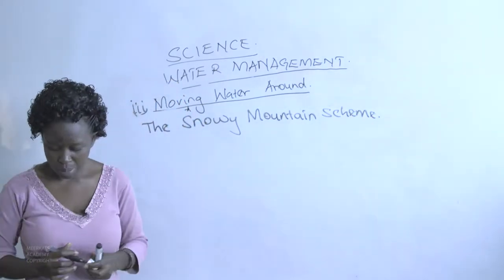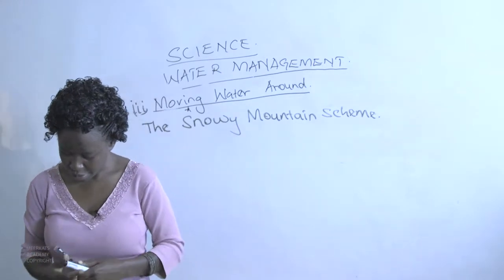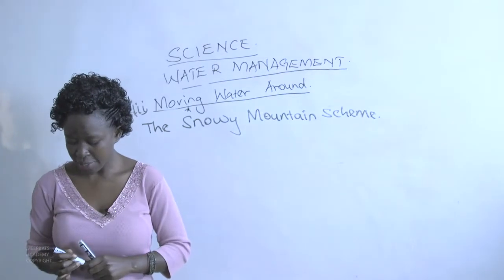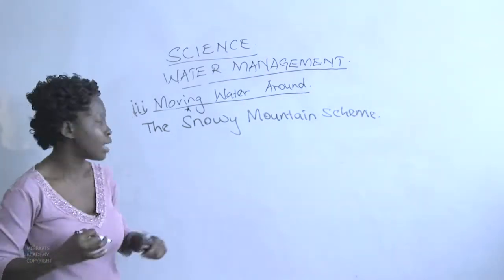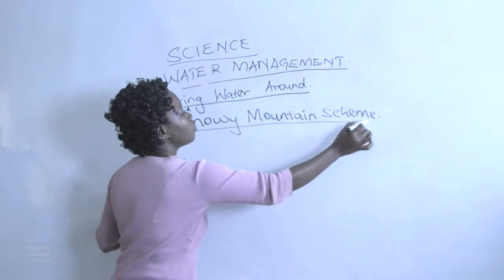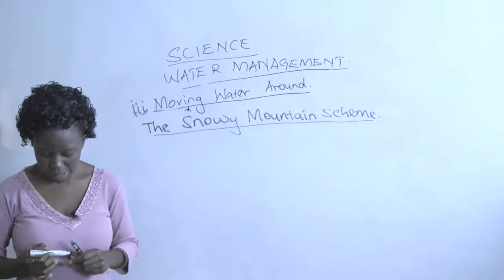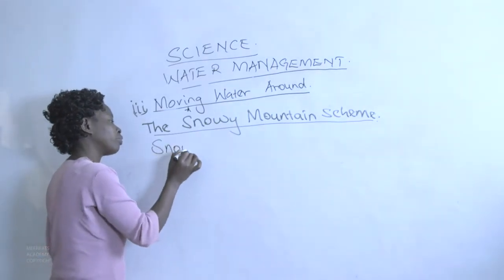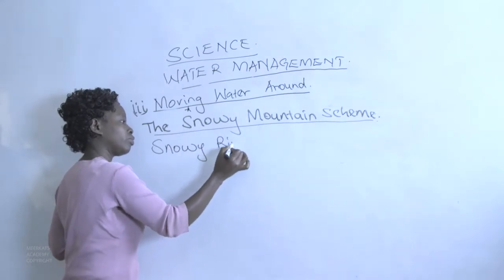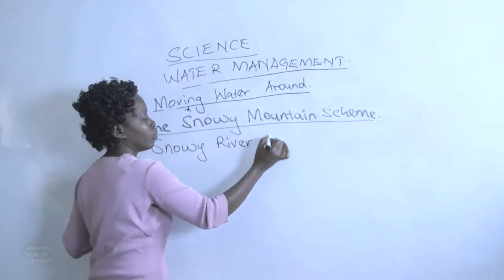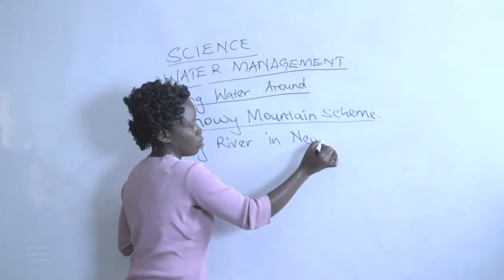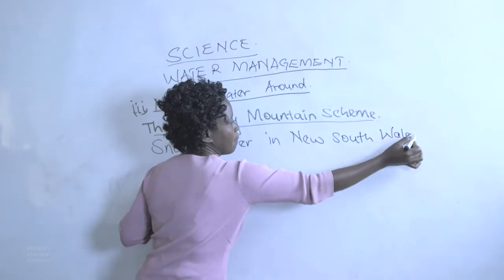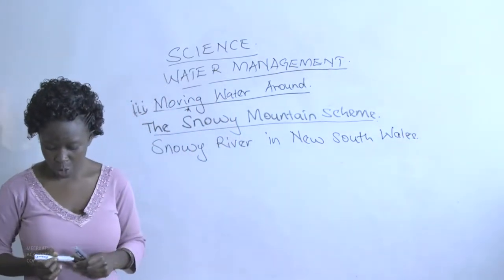the Snowy Mountain Scheme. The Snowy Mountain Scheme has applied this technique, and this is how the technique has been applied. So what has happened is we have the Snowy River.